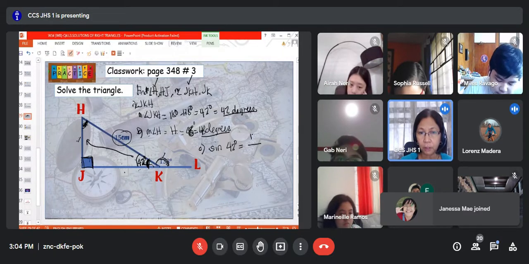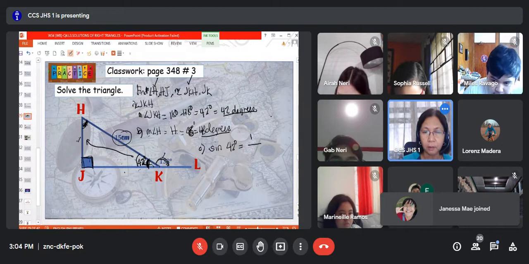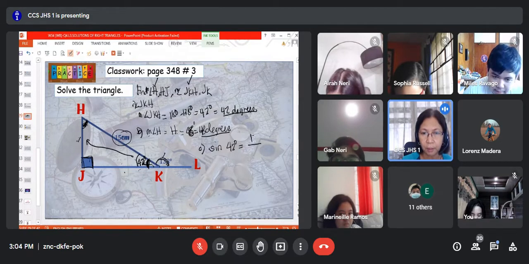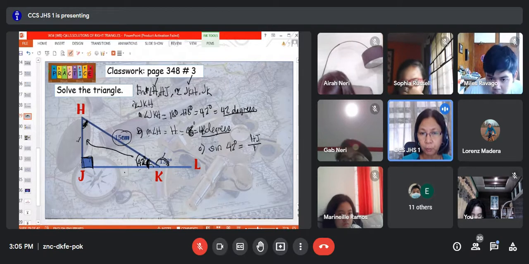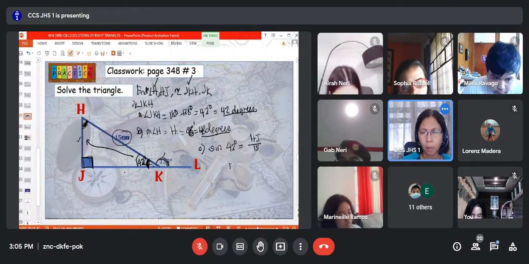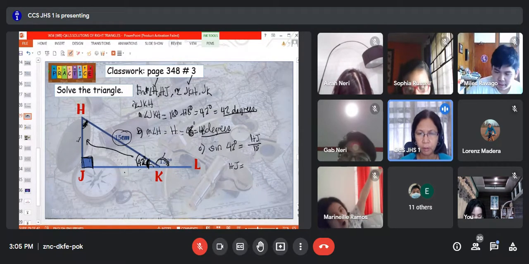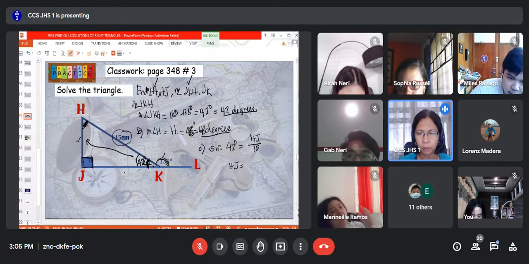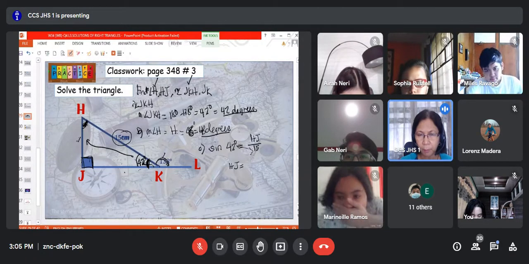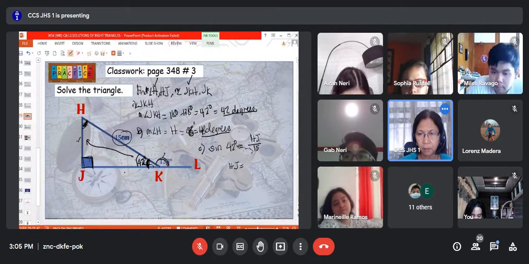HJ. You can use HJ or small letter k, over hypotenuse. So, solving for HJ, what is our equation now? Can we cross multiply this to solve for HJ?